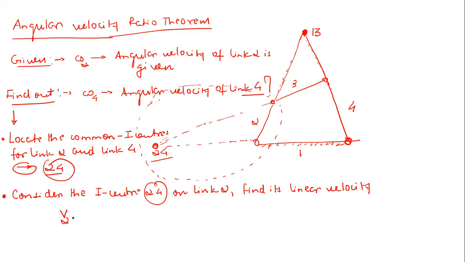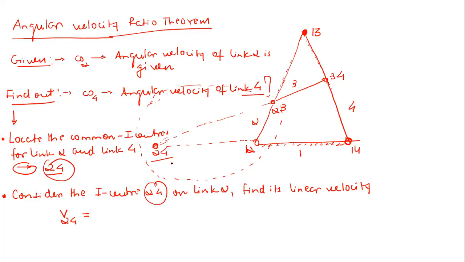So can anyone tell me what will be V24? What will be the linear velocity V24? Just tell me, we can imagine that at a particular instant, links 2 and 4 rotate about this instantaneous center of rotation 2, 4.